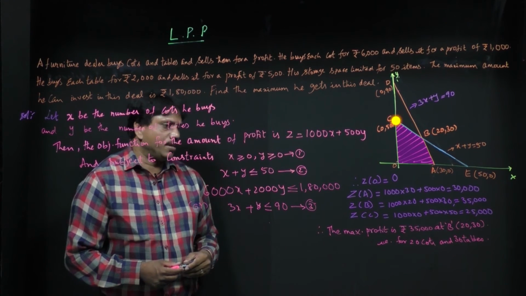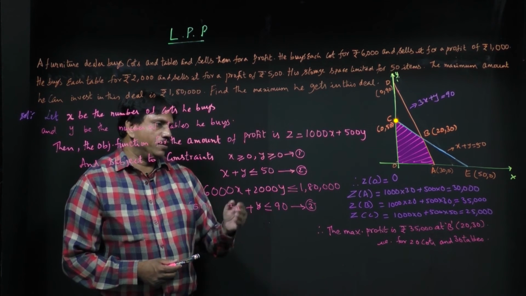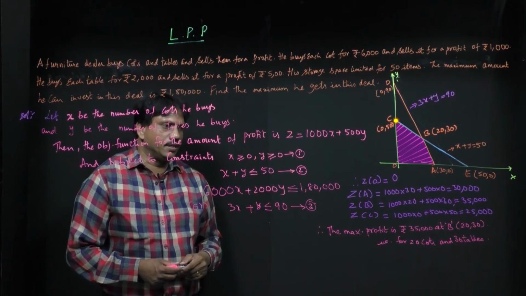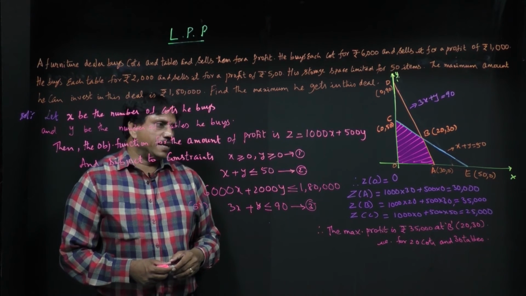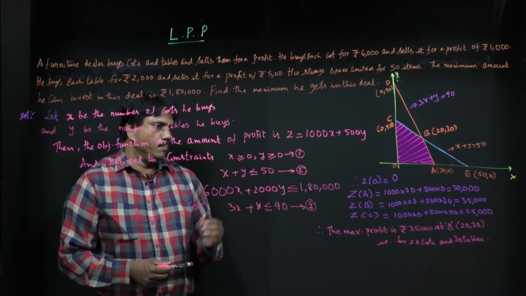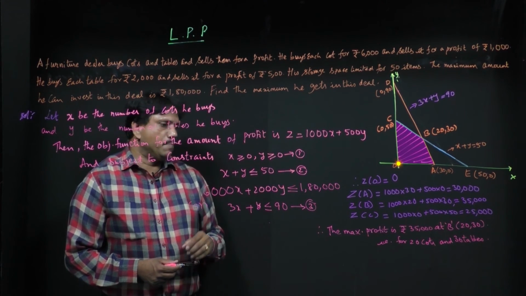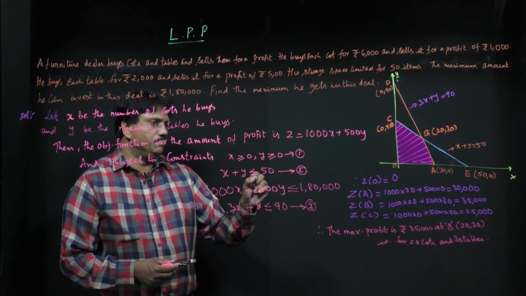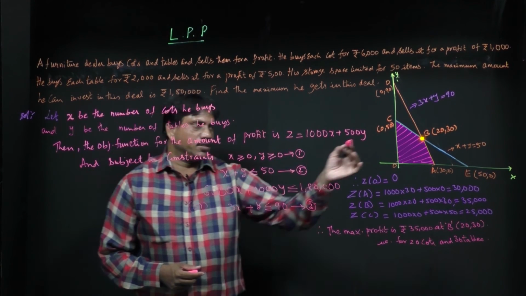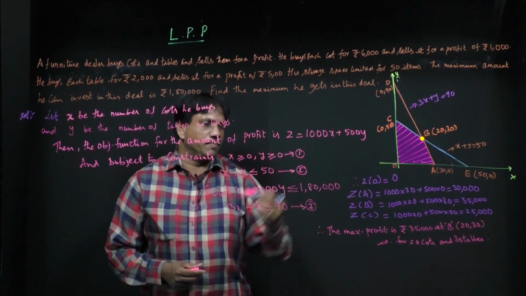At corner point C, 1000 into 0 plus 500 into 50, you will get 25,000. By observation, the minimum value is at 0 and the maximum profit is at vertex B.